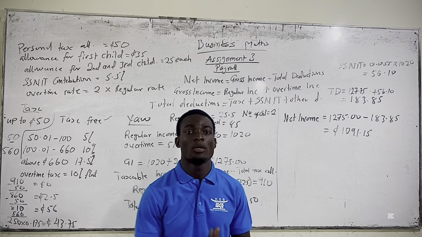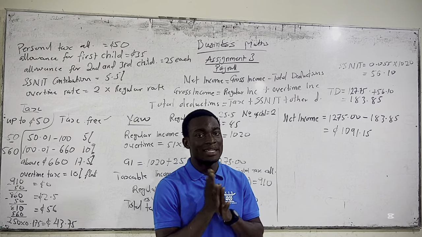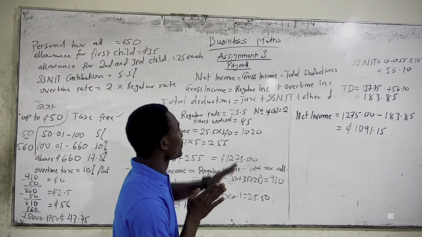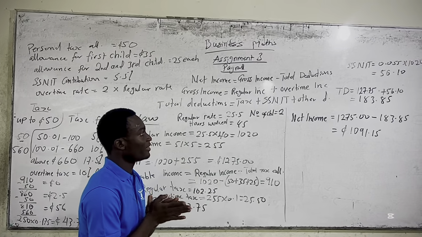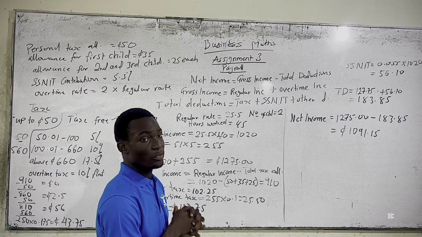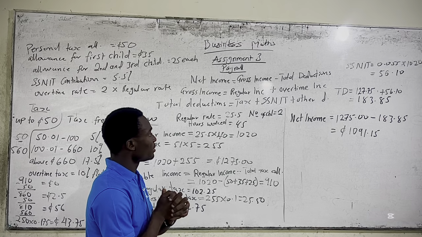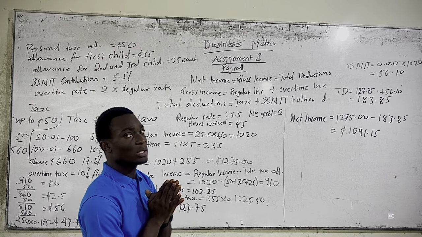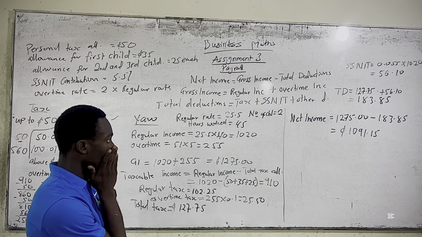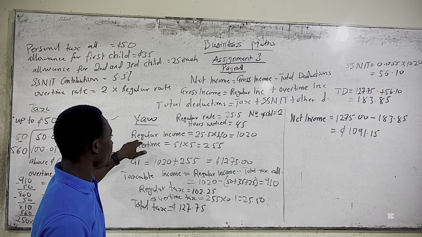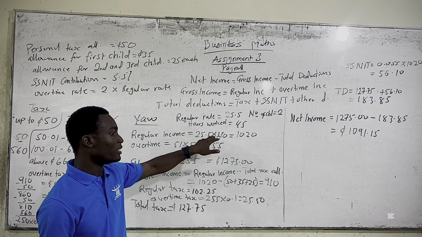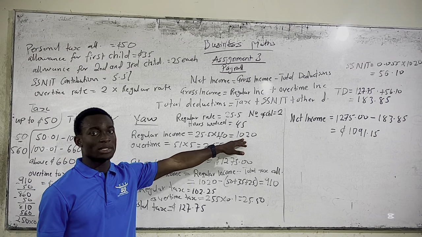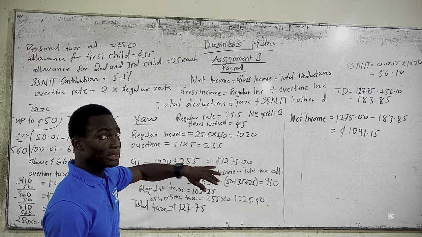So the last person we are going to look at is Yao. So Yao has 25.5 regular rate, has 45 hours worked, and has how many children? 2 children. So the regular income is going to be 25.5 times 40, giving us what? 1020 Ghana cedis.